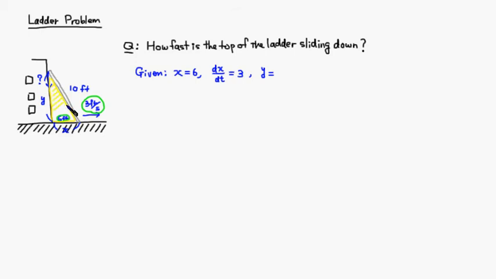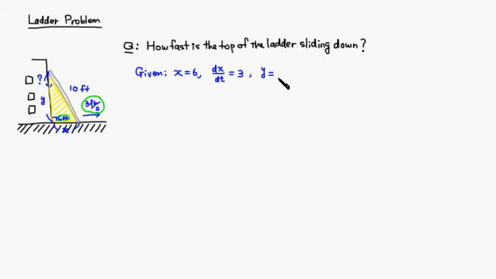So to find y, all you have to do is square 10, subtract x squared, then take the square root.